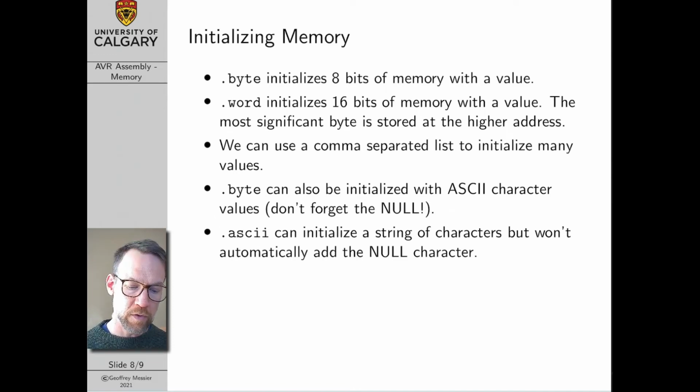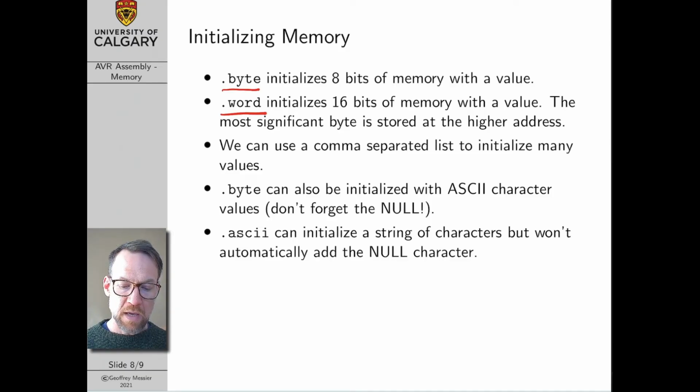We saw 3 ways to initialize data memory. The first one was using the .byte directive, which initializes 8 bits of memory to a value. You can initialize multiple bytes by having just a bunch of values separated by commas. .word initializes 16 bits of data memory with a value. Again, you can initialize multiple words by just having a bunch of values separated by commas.